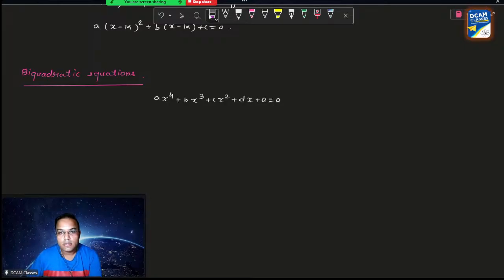Now, this is not clearly visible. Let me write it as e. Now see, this has the power 4. What is important is when you have power 4 for an equation, you have the number of roots as 4.